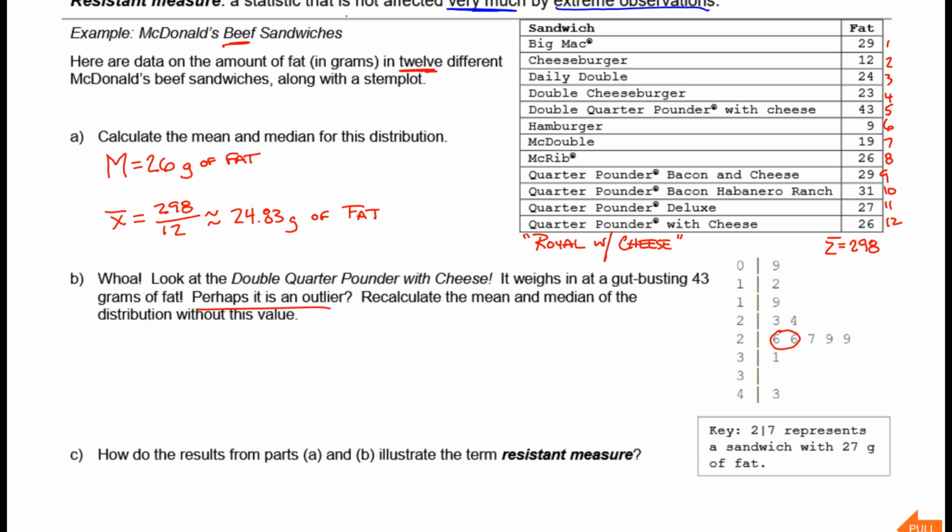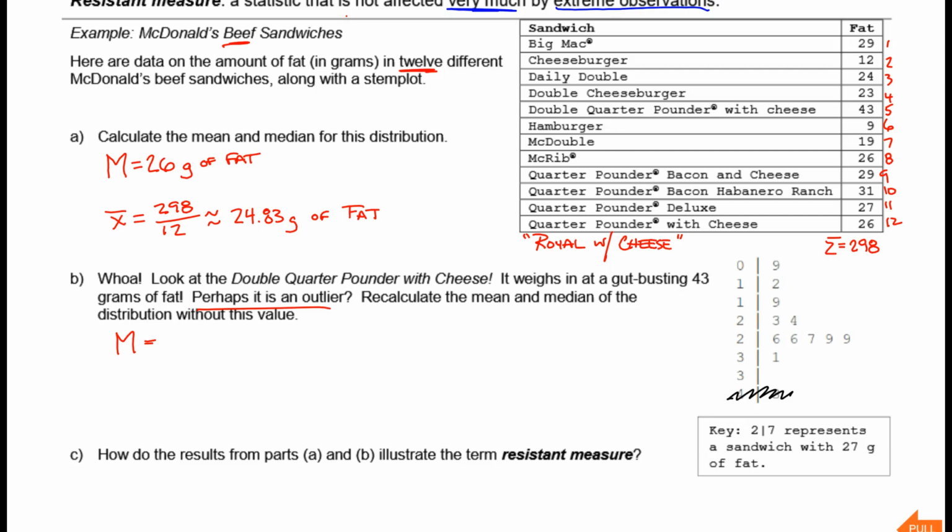Okay, so let's talk about the median first. If I get rid of the 12th observation, the 43, so I'm just going to scratch that out here, then let's talk about what happens. Now we have only 11 observations in the distribution, so the median would be the 6th.